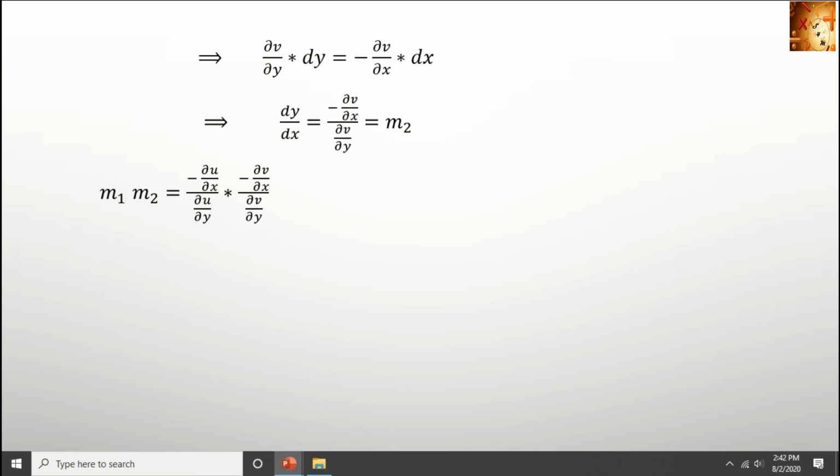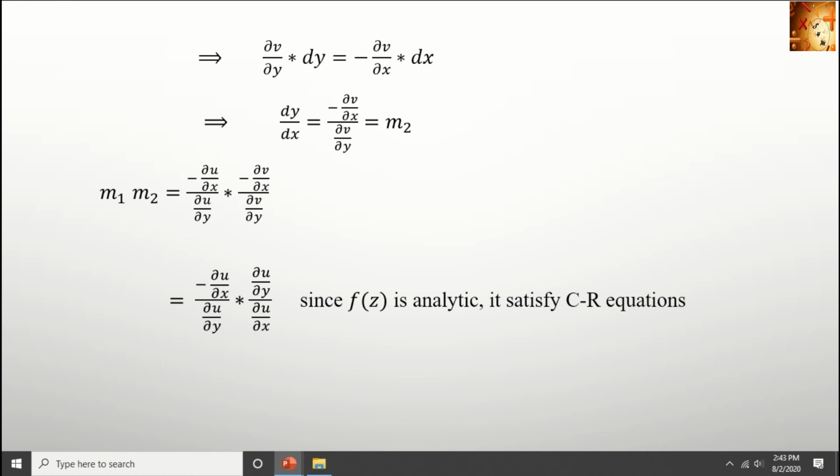Here no common terms are there, so cancellation is not possible. Then we are replacing one term using the Cauchy-Riemann equations. Since f of z is analytic, we can use the Cauchy-Riemann equations.